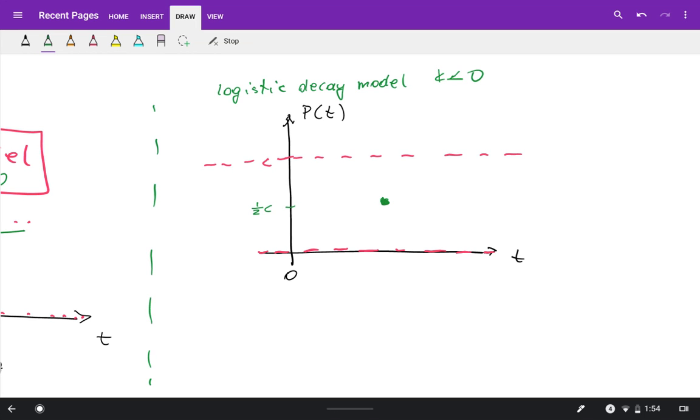And of course, somewhere on the top, you're going to have the initial population. Since this model is decreasing, decay, your initial population is very close to the carrying capacity, and then the function will be decreasing, so the population will be approaching 0. Okay, so this is how the graph looks.